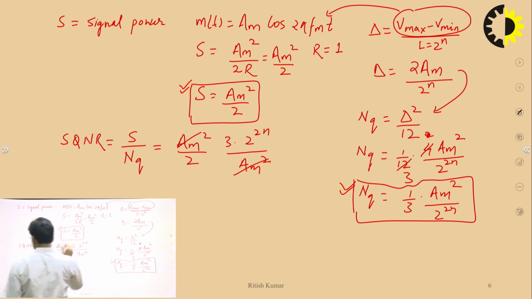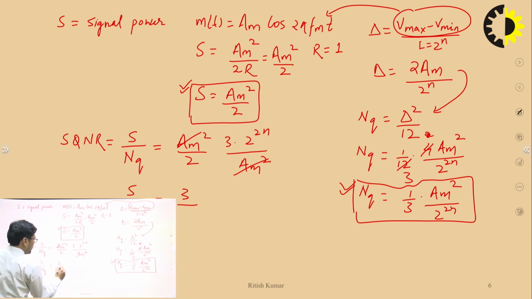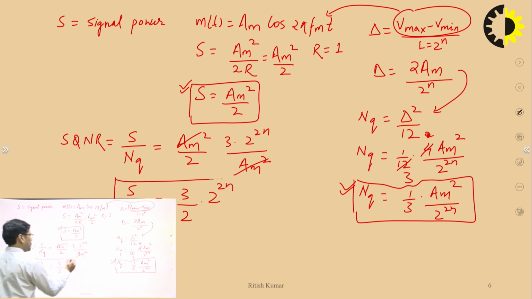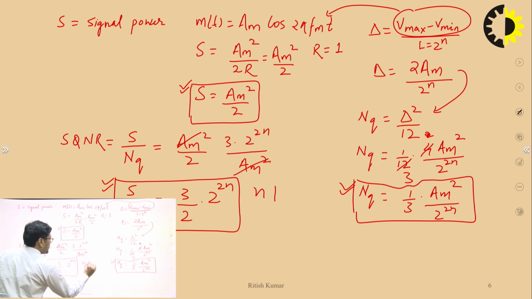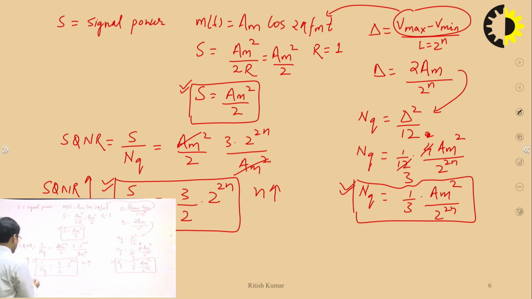This one is cancelled out here, so you will get S by Nq is equal to 3 by 2 into 2 to the power 2n, right? So this is the signal to quantization noise ratio. So you can clearly see here, if you increase the number of bits, you will get SQNR high, right?